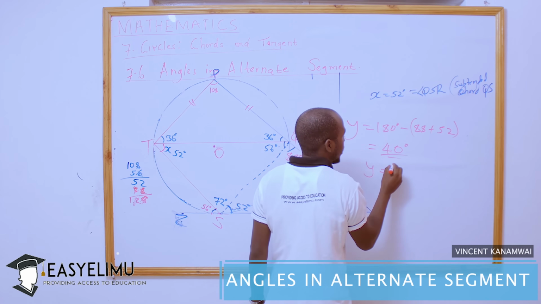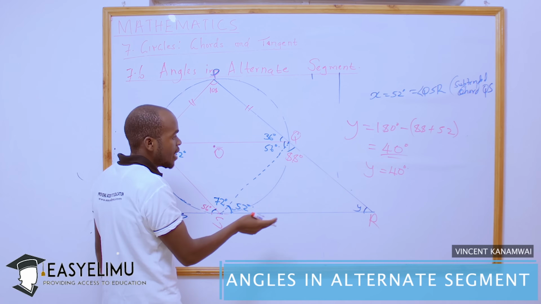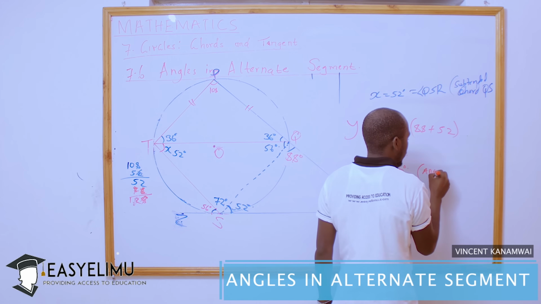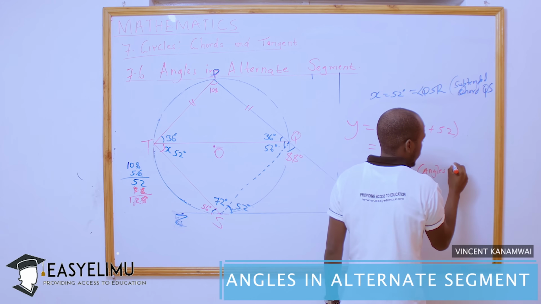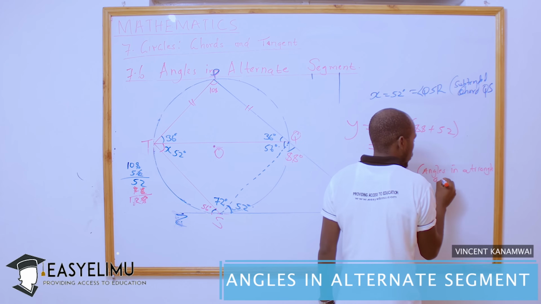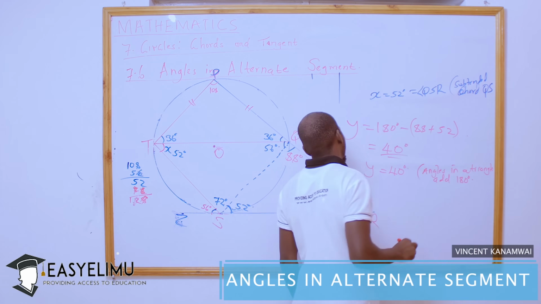So y is equal to 40 degrees, and we can say angles in a triangle add up to 180 degrees. That is how we find that angle.